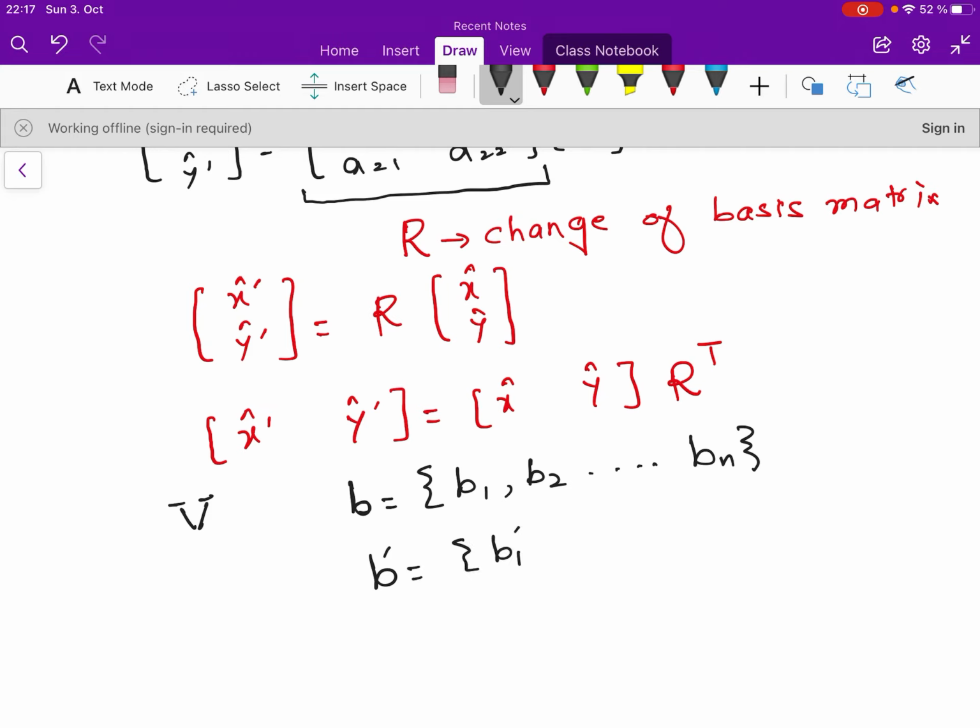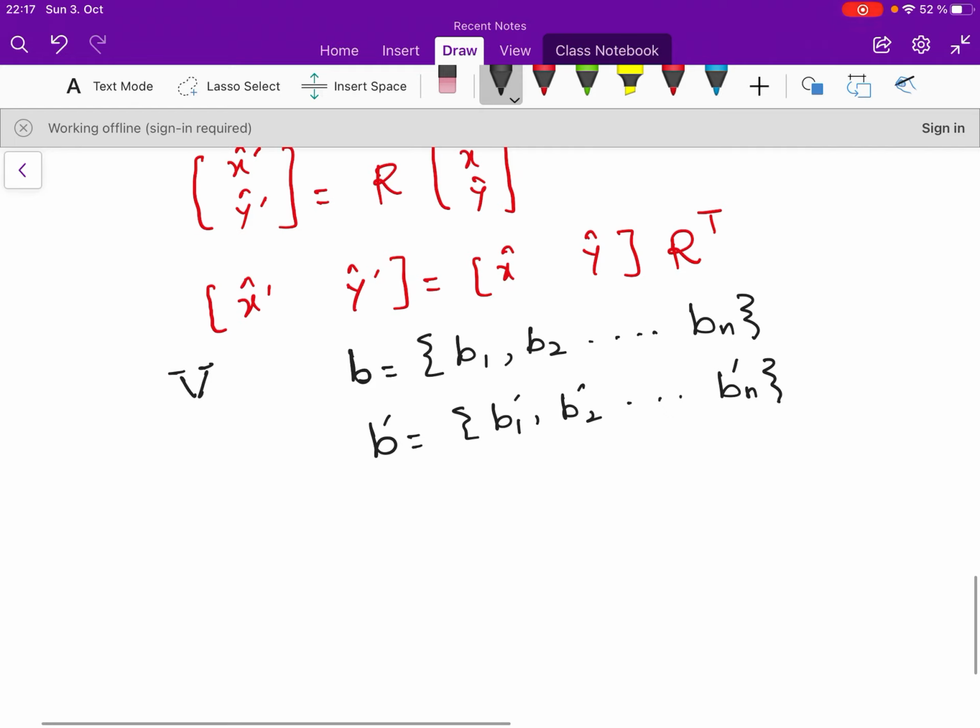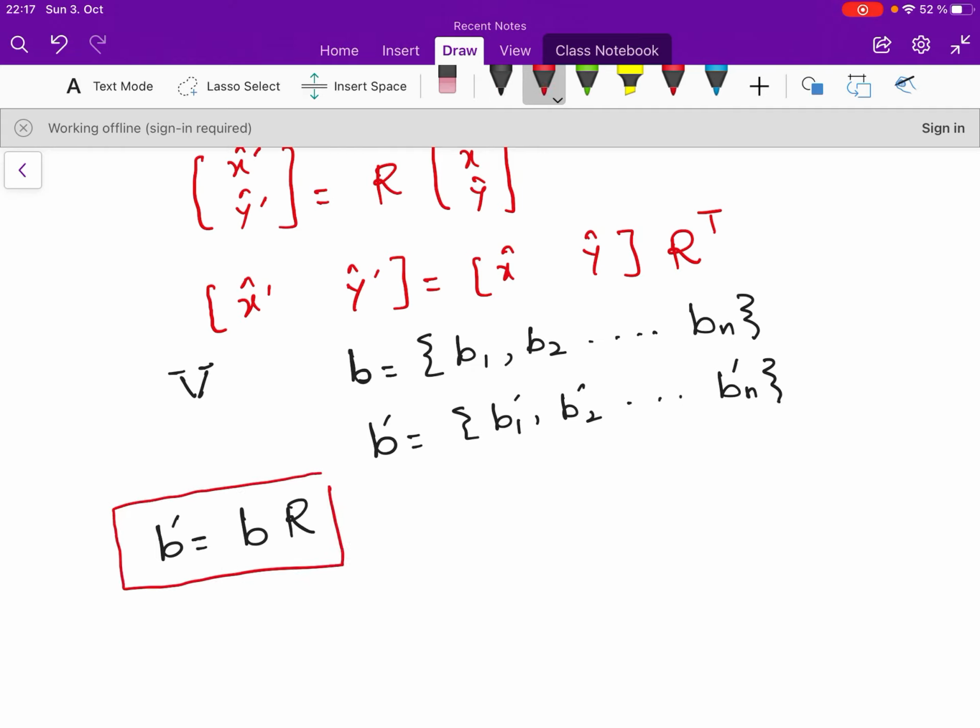So that will become b1 prime, b2 prime up to bn prime. Now I can express the new coordinate system b prime in terms of the old coordinate system b by multiplication with matrix R, where matrix R is the change of basis matrix. I can use this equation to go from one basis system into another basis system.